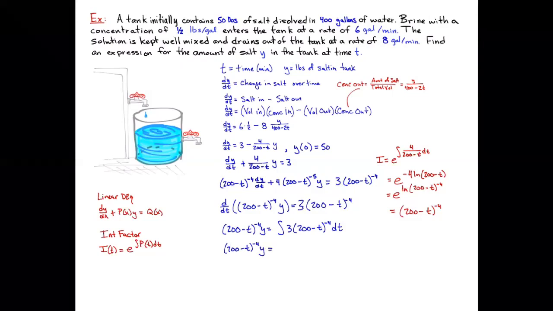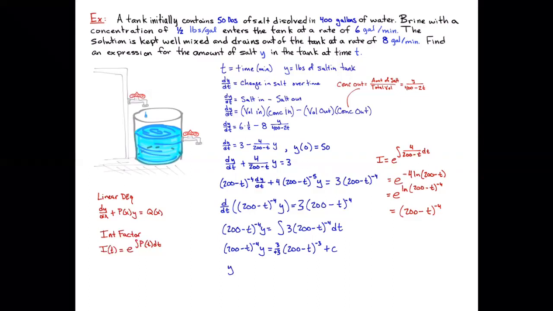One higher power than minus 4 is minus 3. So we have to take that 3 and divide it by minus 3, divided by the new power, and don't forget the chain rule involved as well. So we have to divide it by minus 1 as well, plus c.